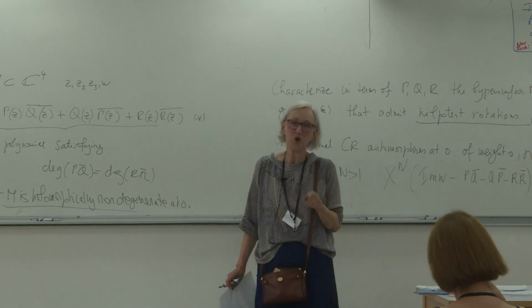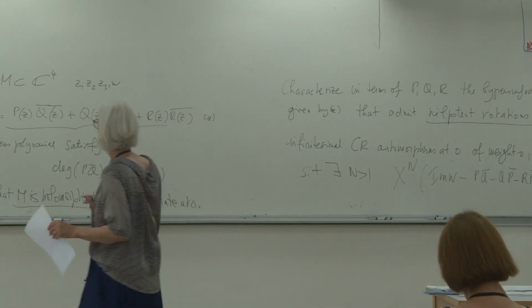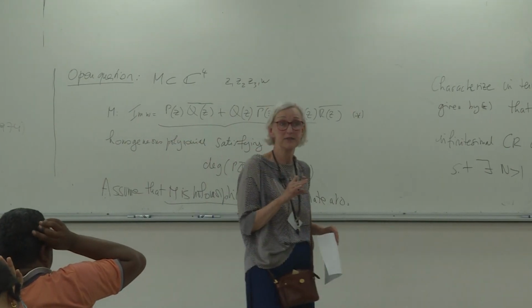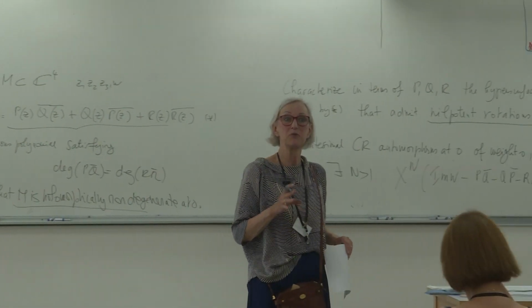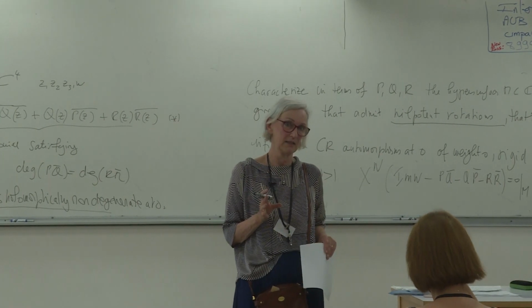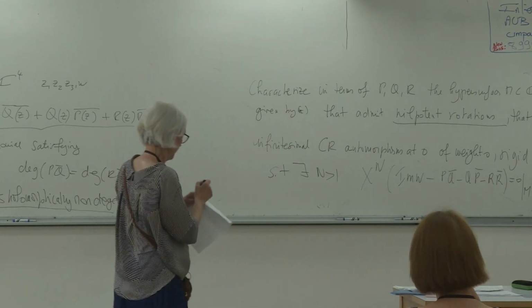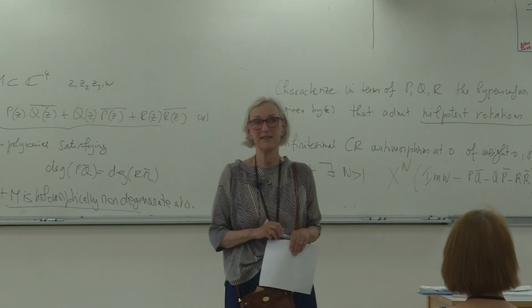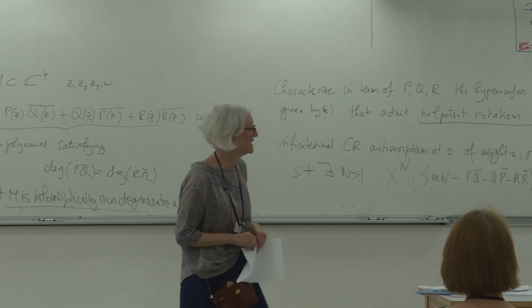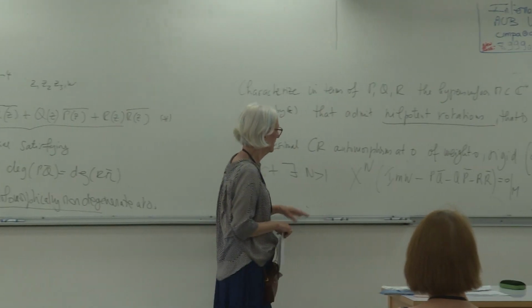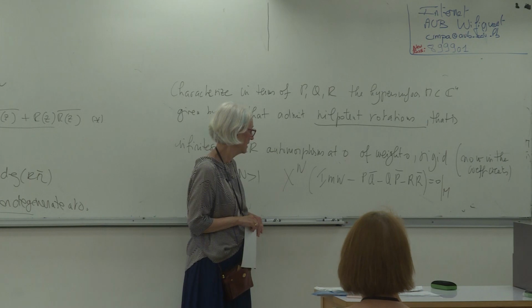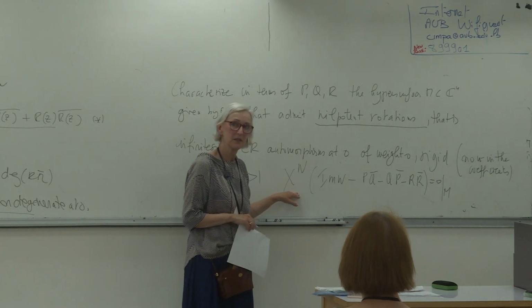We know how to do it only when P, Q, and R are monomials. Monomial is already difficult, but we would like to know it for polynomials. In C^3, we know how to do it. We have a nice description, but in C^4, we don't know. Is this condition clear?